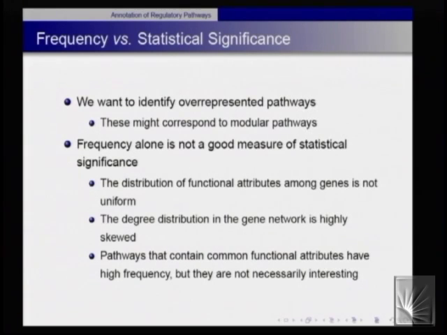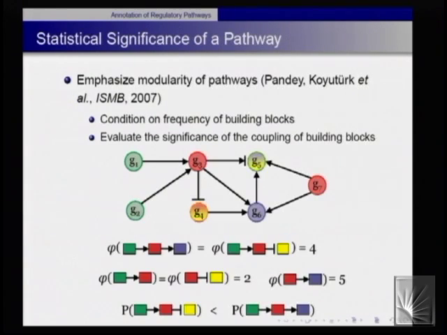So we have to come up with a measure of statistical significance. I think this was our most important contribution. We proposed that we should emphasize the modularity of the pathways. What I mean by that is a path is interesting if the coupling between its building blocks is significant.